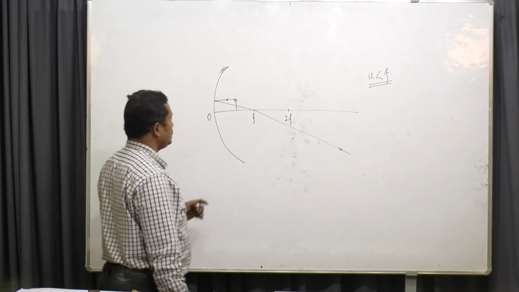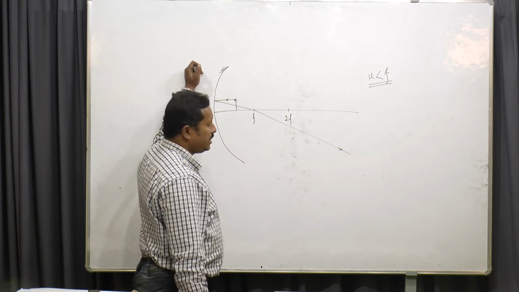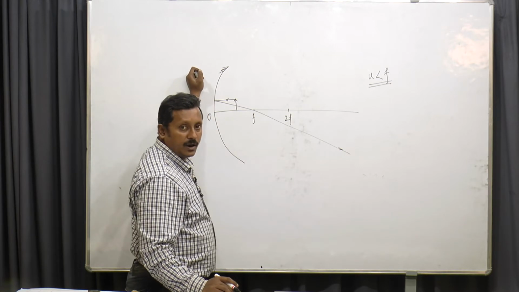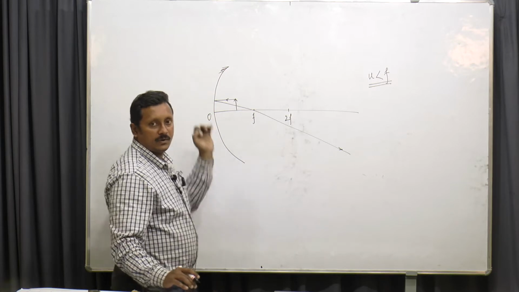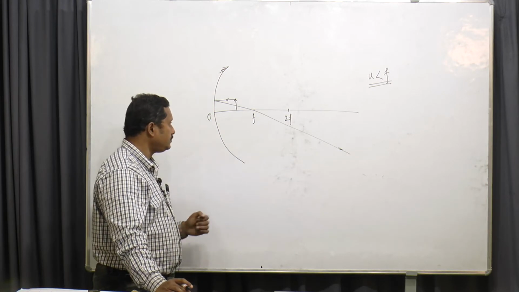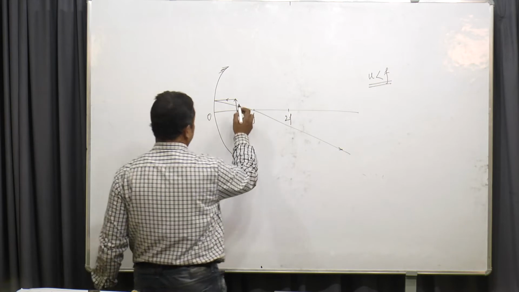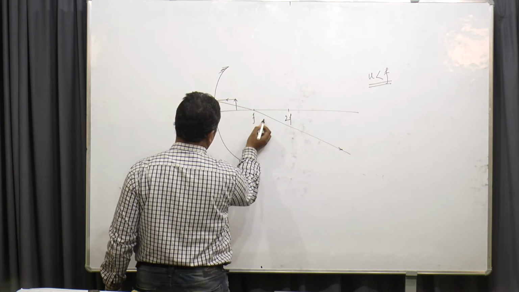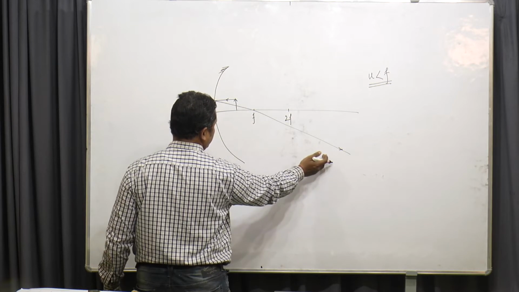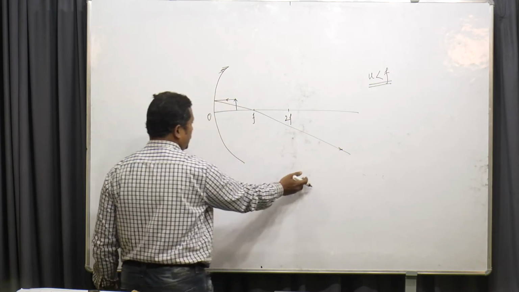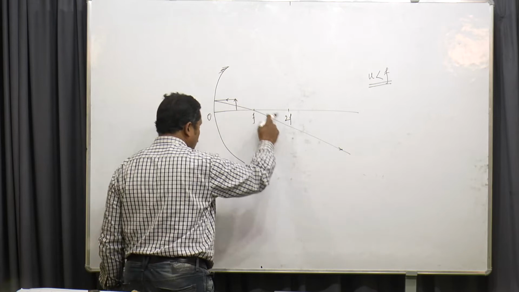The second rule was the rays coming through focus will be parallel after the reflection. Now you see, if you give this line, you will never find the mirror here. So there will be no question of reflection if a ray coming through the focus.